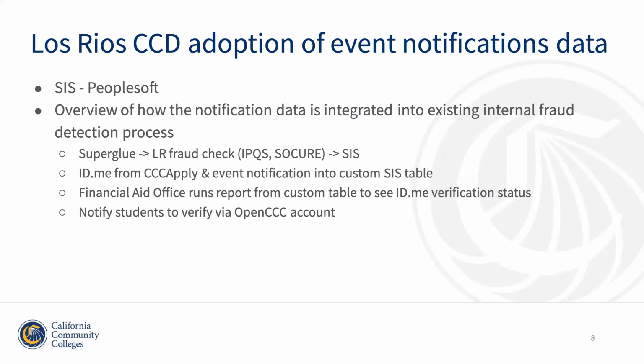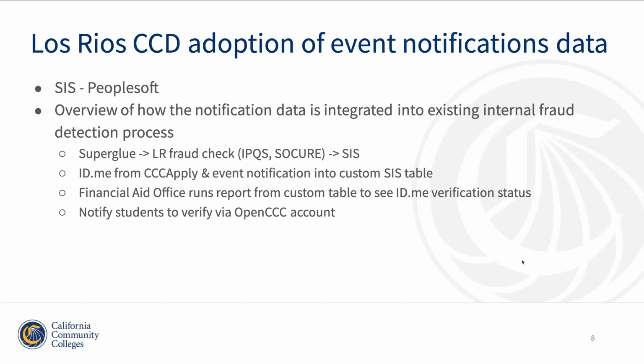So over the years we have acquired a couple of other applications to help us detect the changes, which are IPQS, IP Quality Score, listed here, and the other one. Those two applications help us identify and validate our applications, and we run most of our applicants through our Los Rios fraud process.